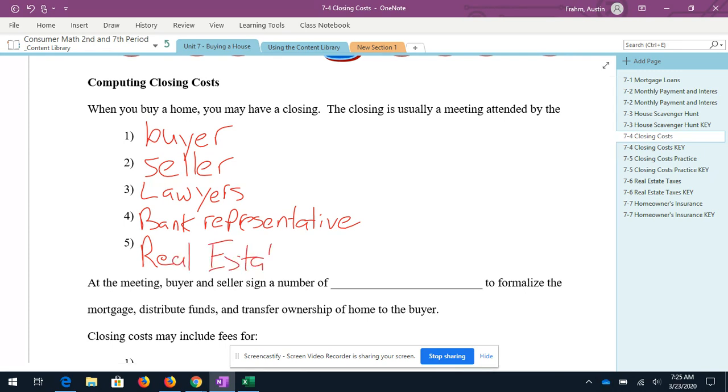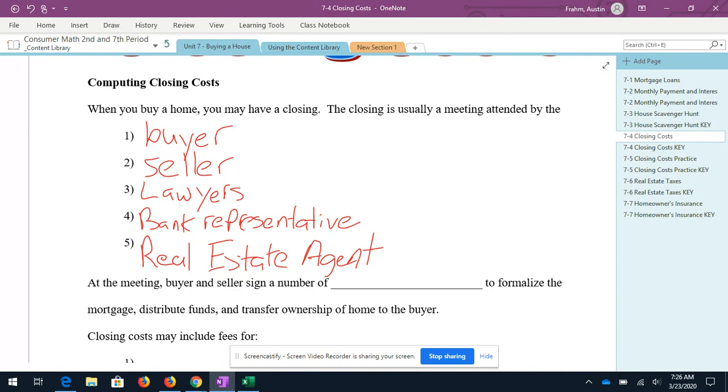Real estate agent is the person in charge of selling the home for the seller. Now, not everyone has a real estate agent. Some people try and sell their homes by themselves. So if that's the case, then obviously that person wouldn't be there. But the buyer, the seller, lawyers for each person, and a bank representative are pretty common at a closing meeting.